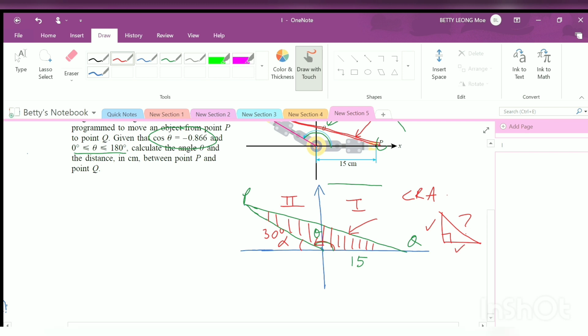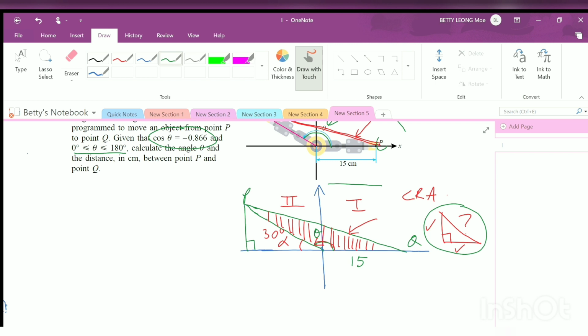So for this type of triangle we cannot do it. So what we need to do is create a right angle triangle. You can see here, if you make 90 degrees, you have a right angle triangle. So your PQ will become your hypotenuse.